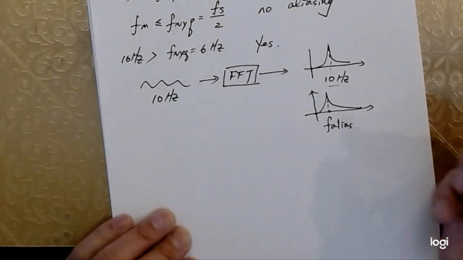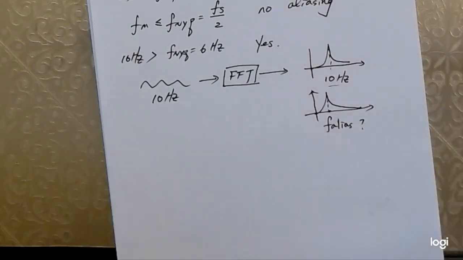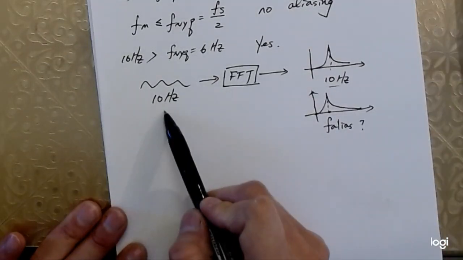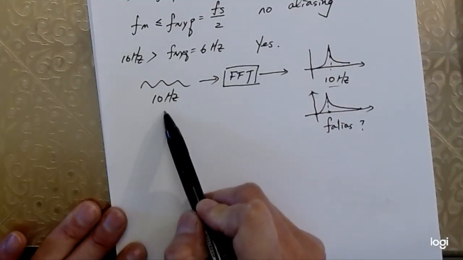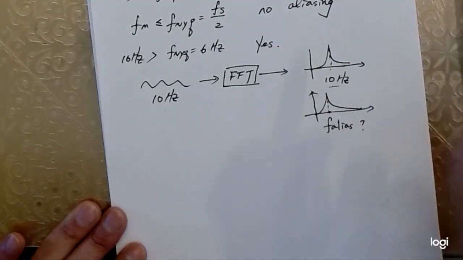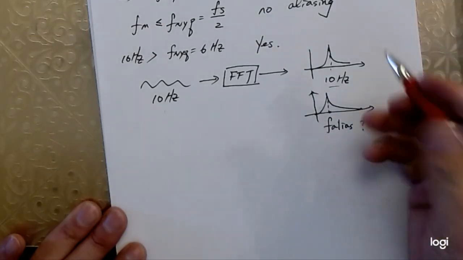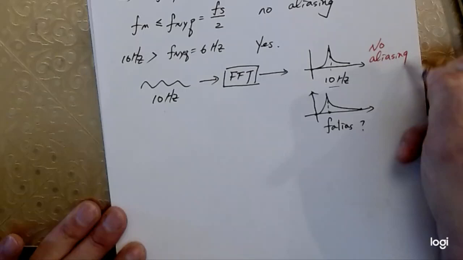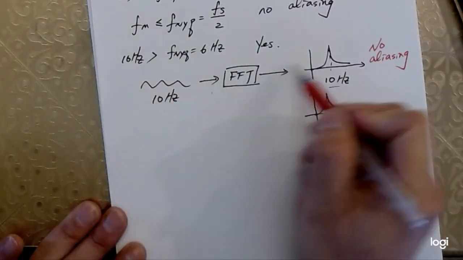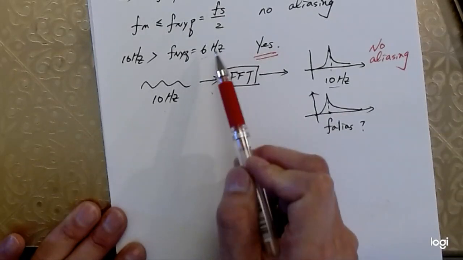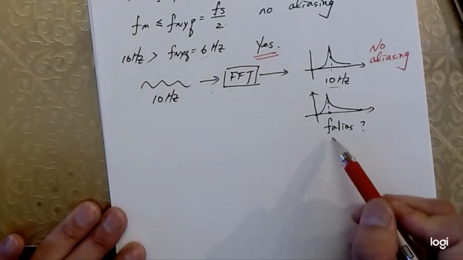Okay. In other words, from 10 coming in time domain through FFT to frequency domain, you should get 10. So there's no alias. However, because in this case our sampling frequency is too small, we will get the alias.